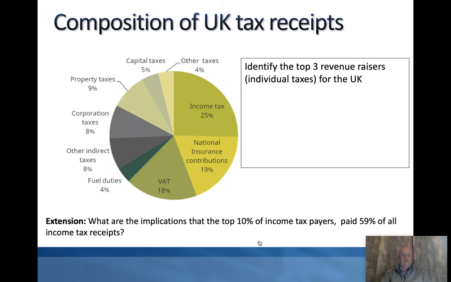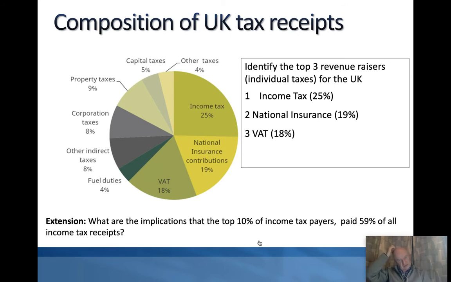So, welcome back. We're looking at the three top revenue raisers for individual taxes for the UK. The first one is income tax at 25% of all tax receipts. The second one is 19%, and that's national insurance, and then the third is VAT at 18%.